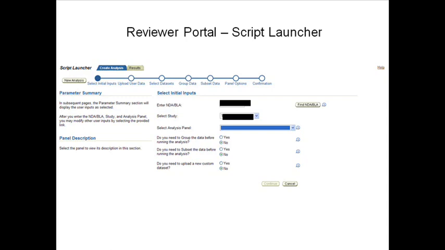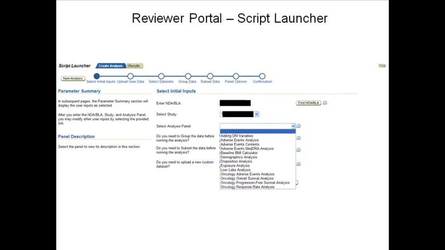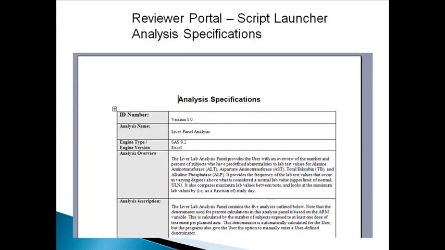I've blacked out any of the identifiable information that might pertain to a particular application. And you can see once the reviewer has selected an NDA or BLA in a particular study, they have the option to choose any of these different analyses panels that have been created. And when they select one, information becomes available with regard to the particular analysis panel they selected.